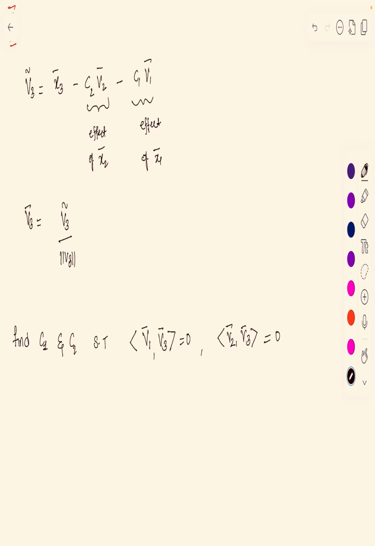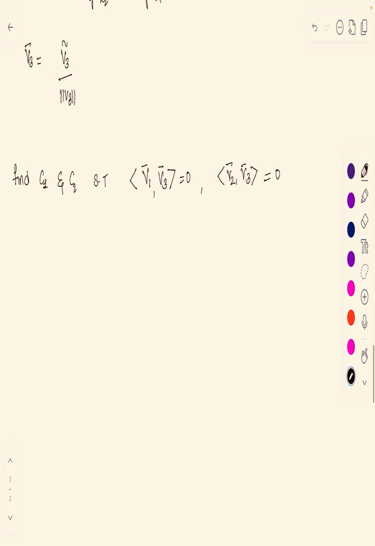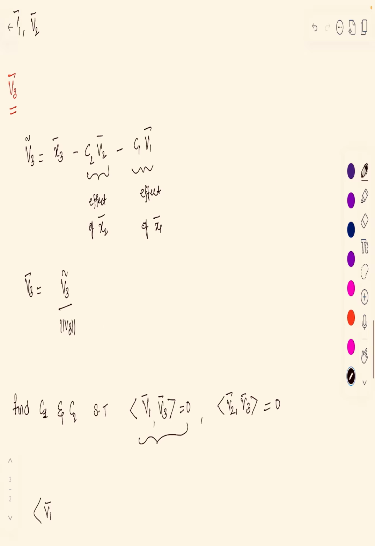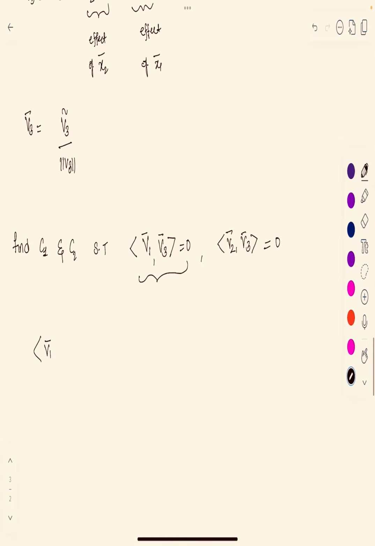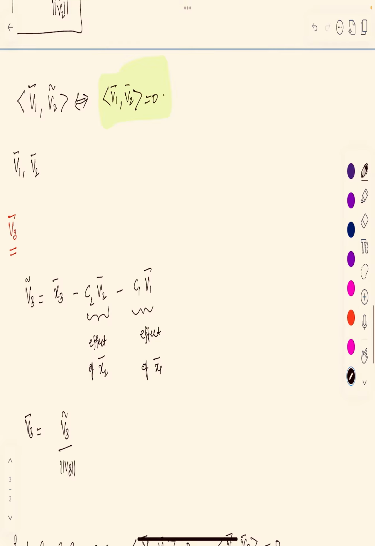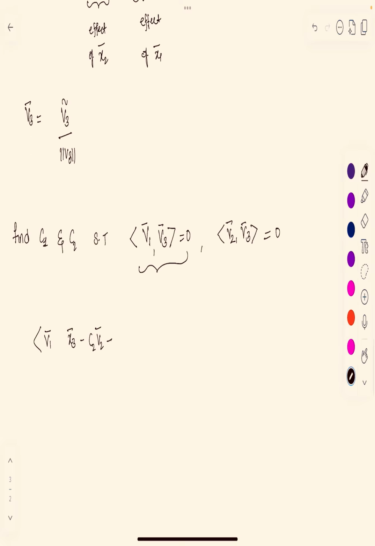So we have two equations and two unknowns, and the same procedure carries forward. I'll just work it out for V3 bar and then write the general equation. So let's expand this. I have V1 bar, x3 bar minus c2 times V2 bar minus c1 times V1 bar.